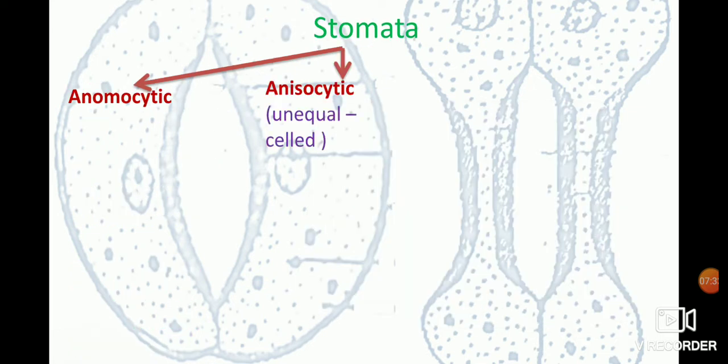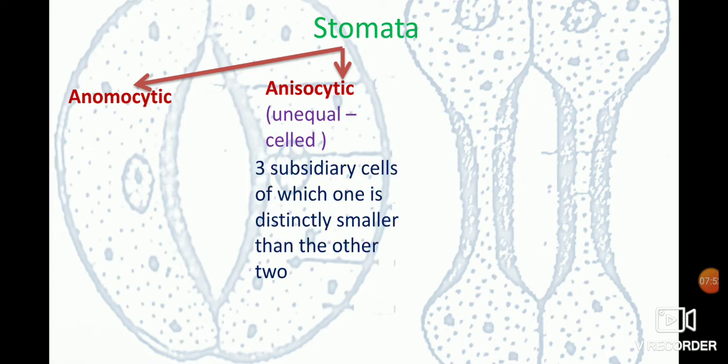The second type is the anisocytic type of stomata. In this anisocytic type, the stoma or the aperture is surrounded by three subsidiary cells, out of which one is very small compared to the other two.